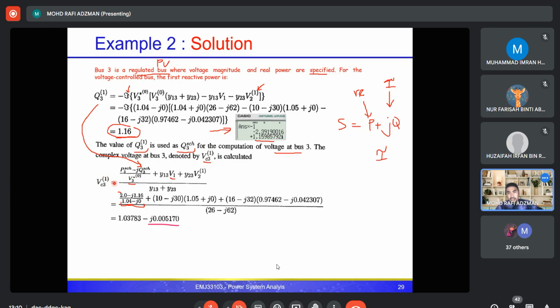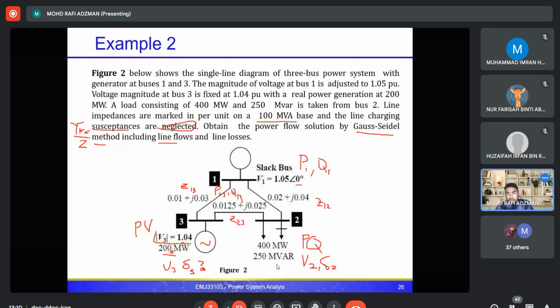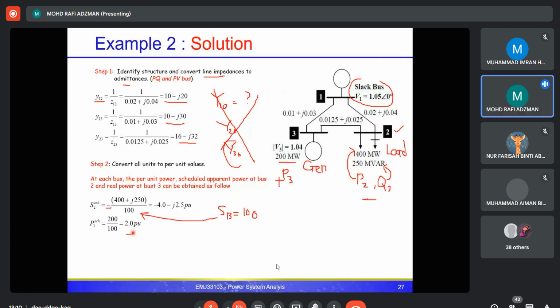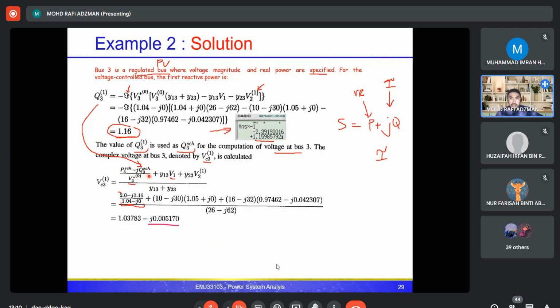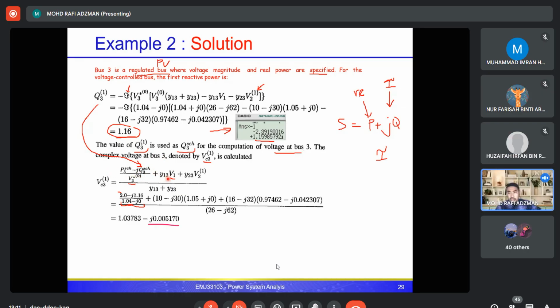VC3 first iteration is equal to P3 schedule, which will be fixed because P3 is given as 200 megawatts, so you already changed it into 2 per unit, minus jQ3 schedule, the one that you calculated here, so put it into this part later on, then divided by V3 conjugate 0 plus Y13 V1 plus Y23 V2.